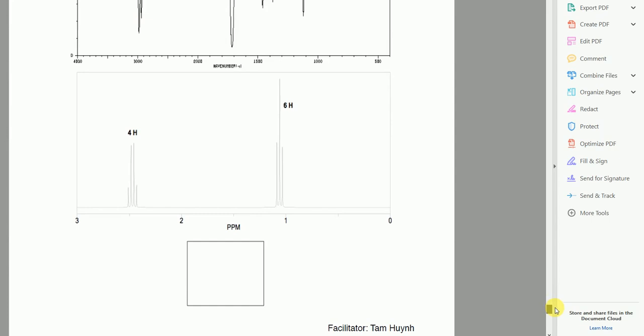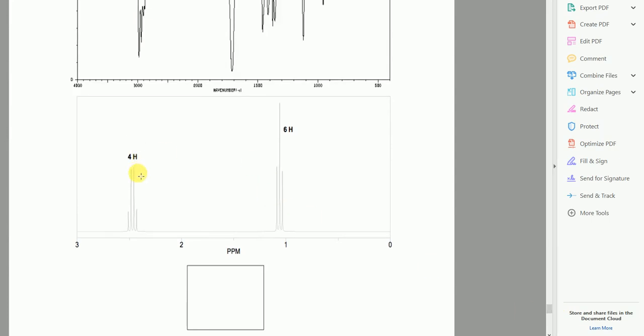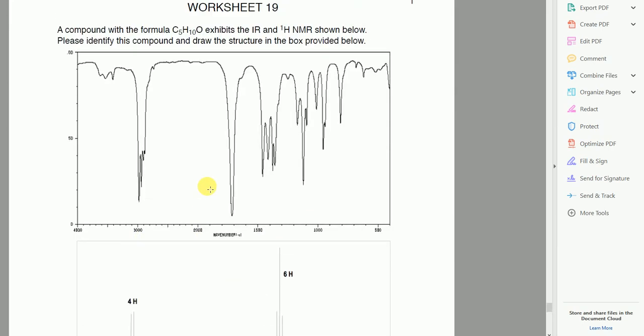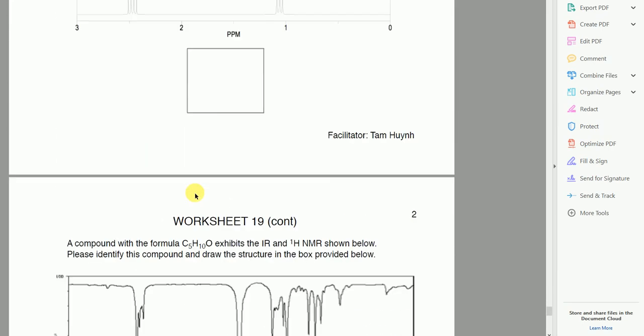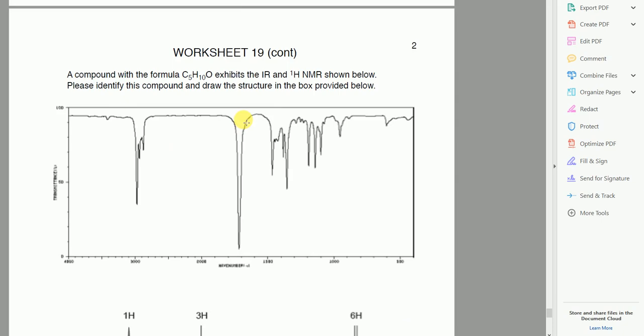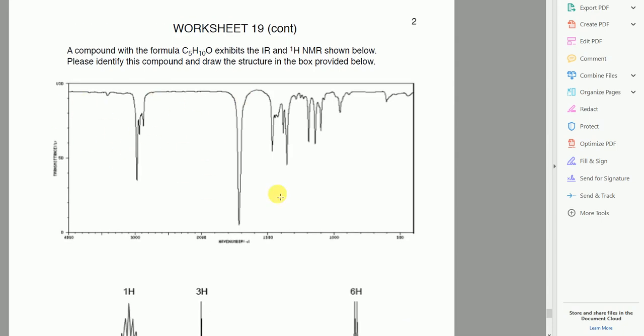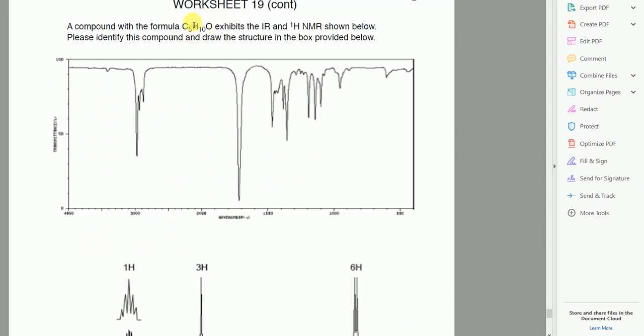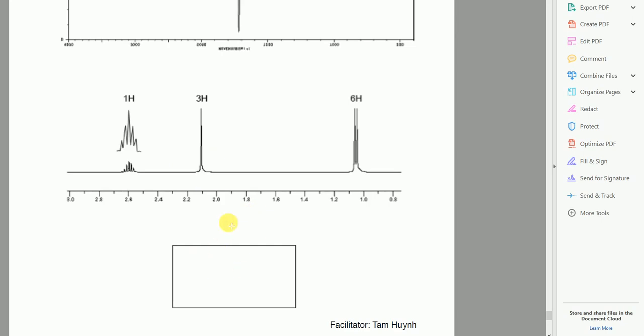Okay, so this is how it typically will look. This is a harder example, but by the way, for the big problem at the end, it'll give you an IR and an NMR and a number, and you're going to be responsible for figuring out what the molecule looks like, and you put that molecule over here.